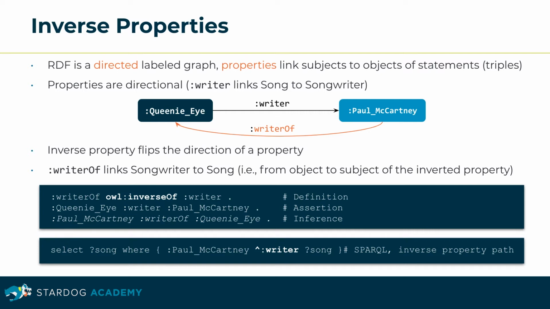In this example, writer links instances of the class song to instances of the class songwriter. An inverse property flips the direction of the original property. It refers from object to subject of the original property. Please note, the same effect could be achieved via the SPARQL inverse property path.